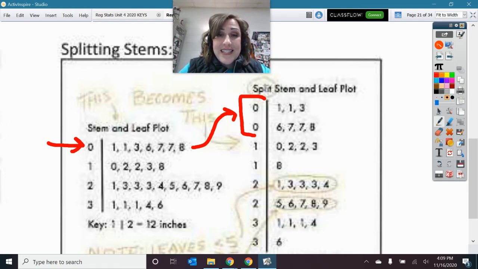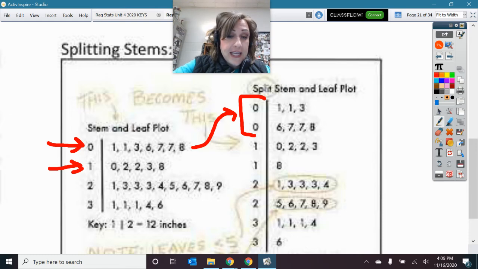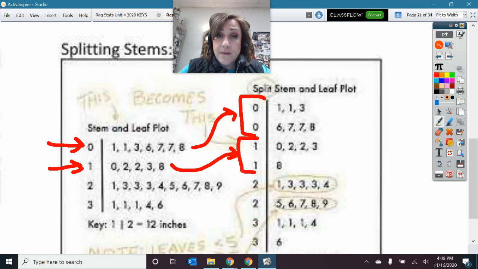So the zeros got split, just like the 10s, 10, 12, 12, 13, and 18, also got split.